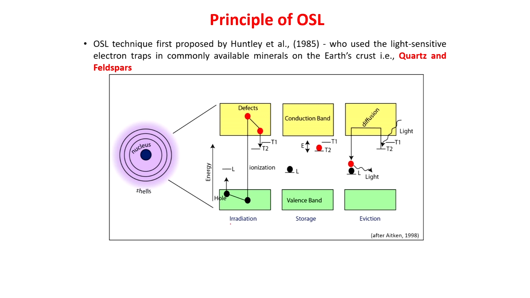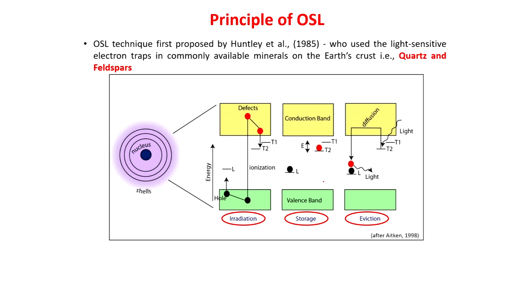One is what we have learned in school, the valence band and how the electrons are, the valence band and conduction band, and whether the electrons are in a stable state or not, that is also important here. So, the first process is irradiation, then storage and then eviction. These are the three stages which are followed.